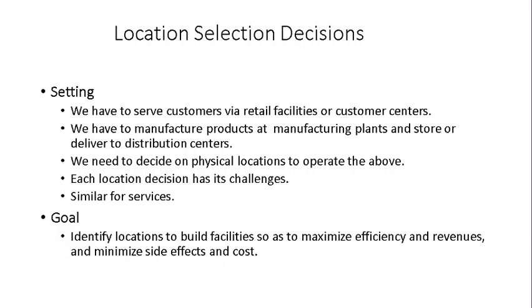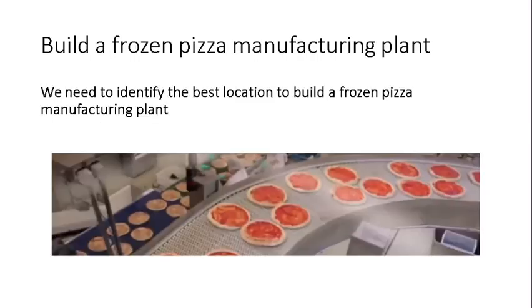In general, the goal is to identify locations to build our facilities so as to maximize the efficiency of our production and, of course, our revenues, and at the same time minimize the cost and any side effect that we might face. So let's begin with an example of a frozen pizza manufacturing plant.